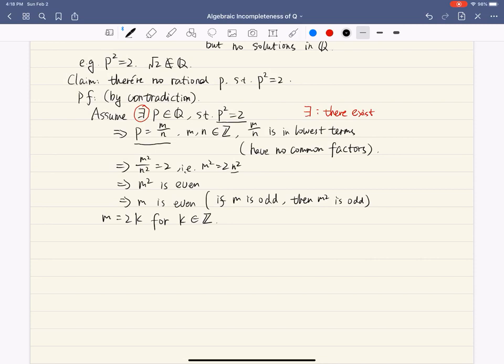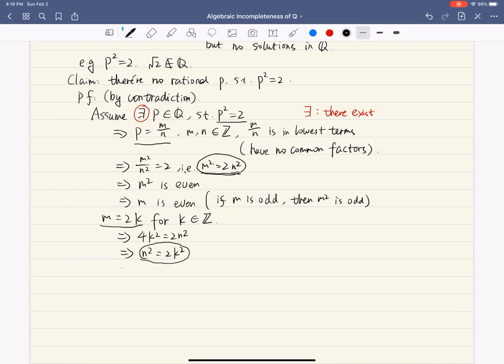Okay, so then we're gonna plug in m equals 2k into m squared equals 2n squared. So we get 4k squared equals 2n squared, which is n squared equals 2k squared. And you see, this equation is actually very similar to this equation.